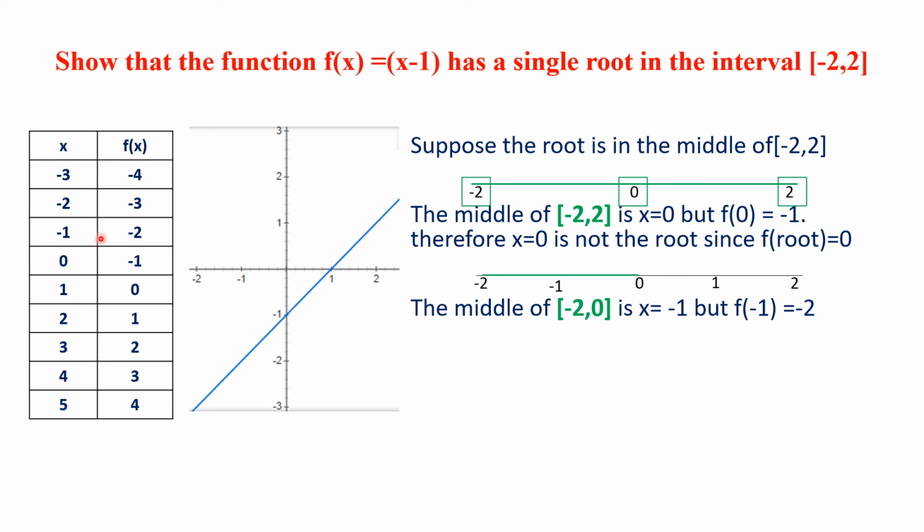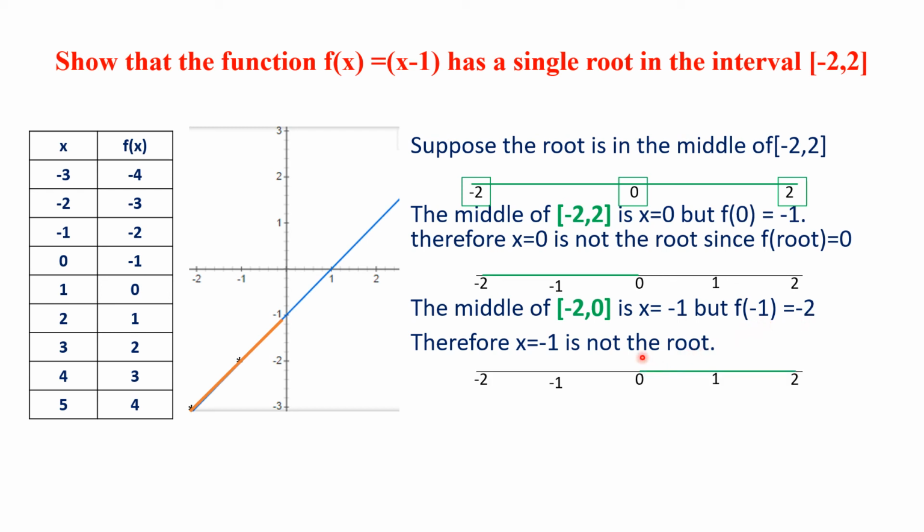This is f of -1, which is equal to -2. Again, f of -1 implies that x equal to -1 is not the root, because one more time, f of the root must be equal to 0, but f of -1 is not equal to 0, so -1 is not the root.